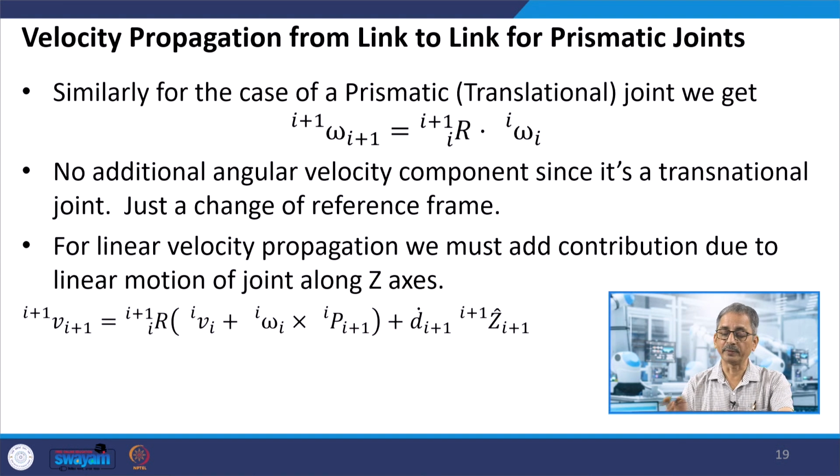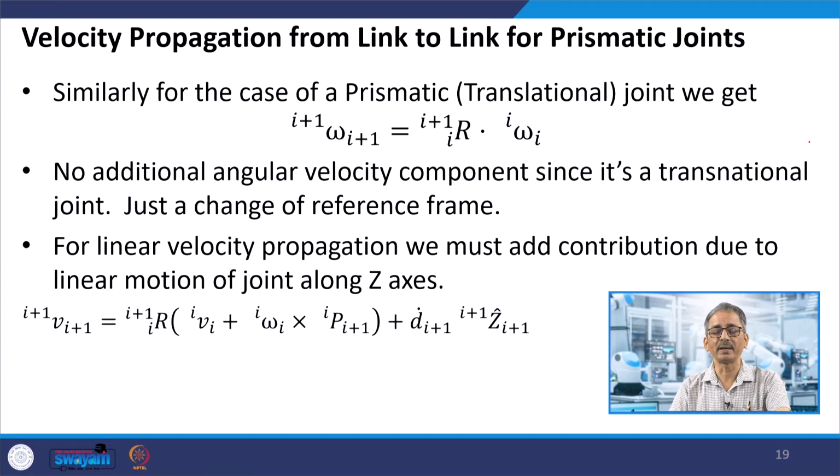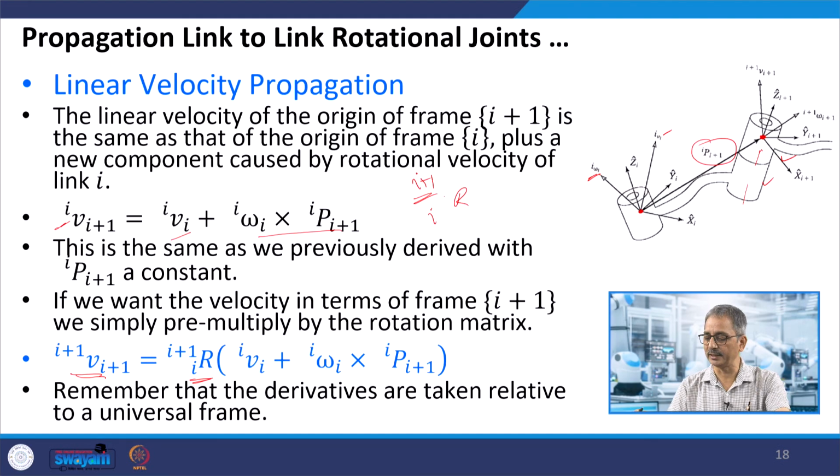The previous discussion was for a revolute joint between this link and this link. What if we have a prismatic joint? If we have a prismatic joint, then naturally the angular velocity of the ith link is going to be the same as that of the I plus 1th link.